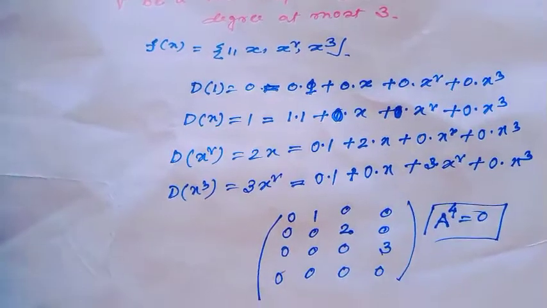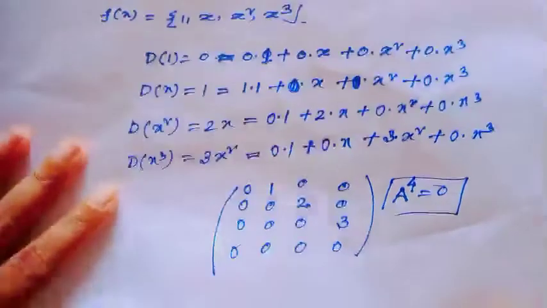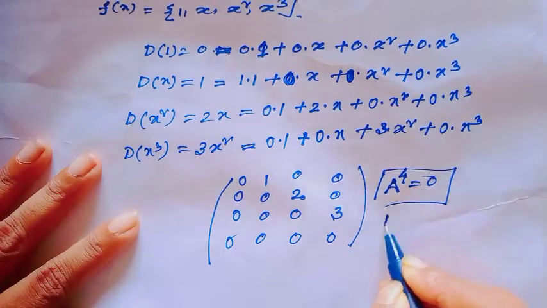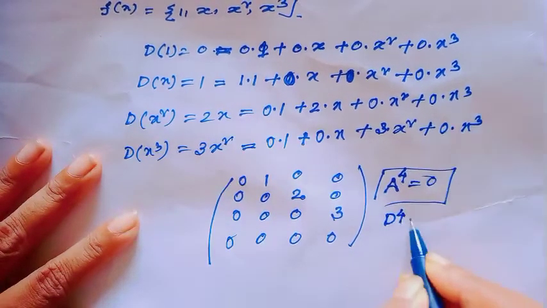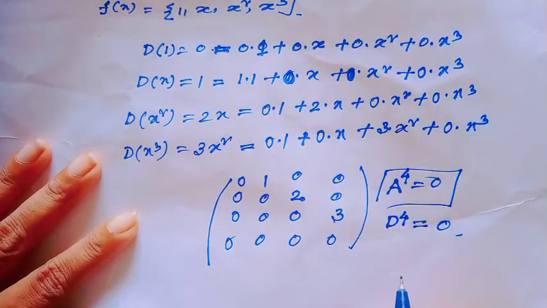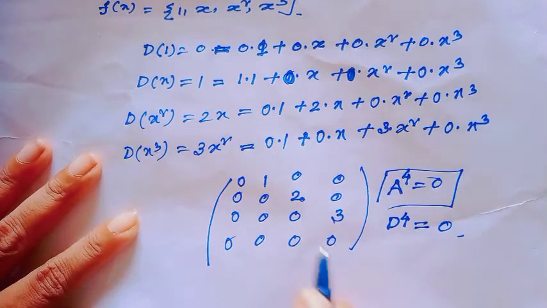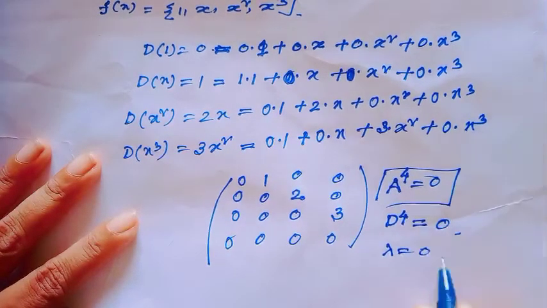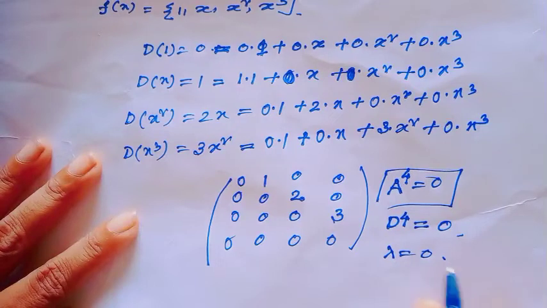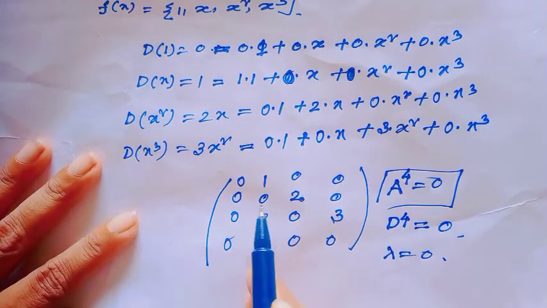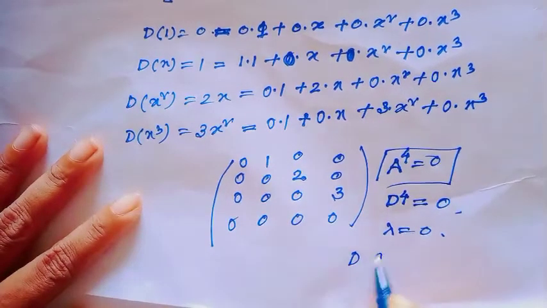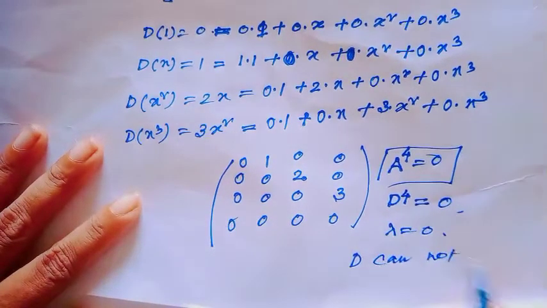This is the differential operator, and this is the nilpotent operator, such that D to the power 4 equal to 0. So obviously the eigenvalue is 0, that means lambda equal to 0, and since the matrix is a non-zero matrix, D cannot be diagonalizable.